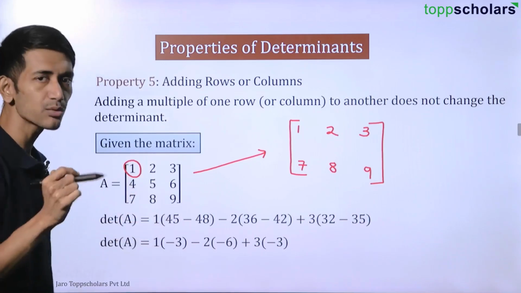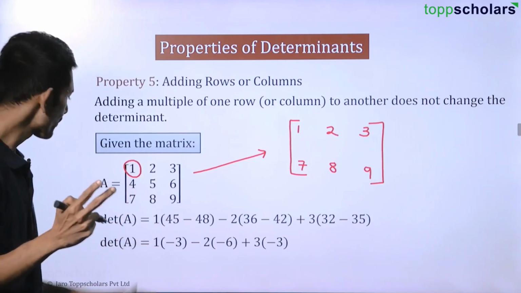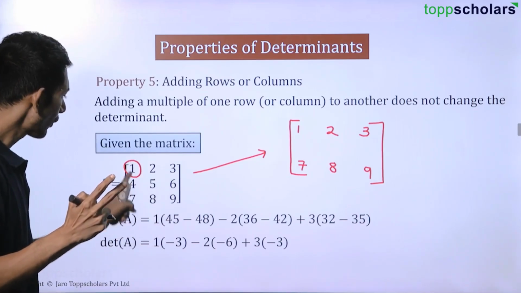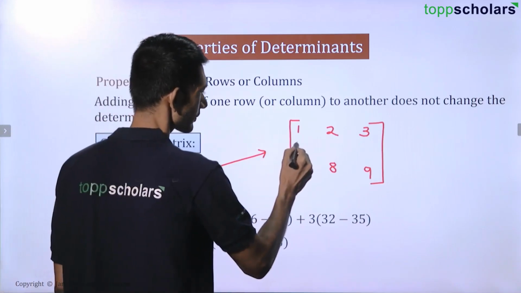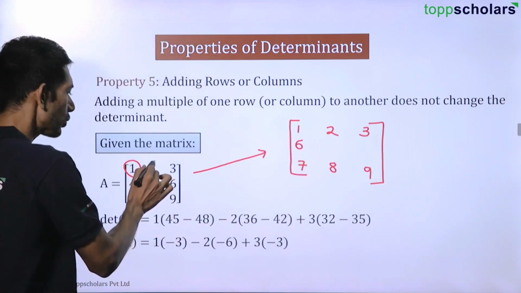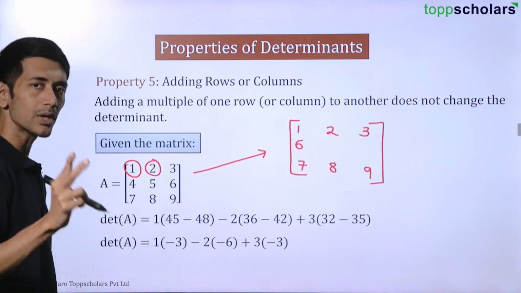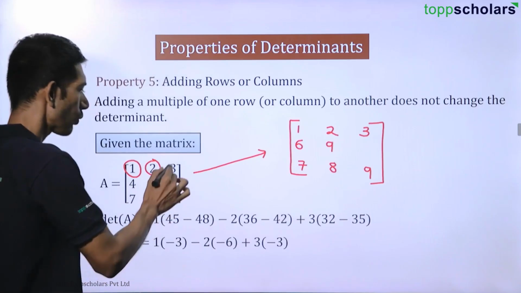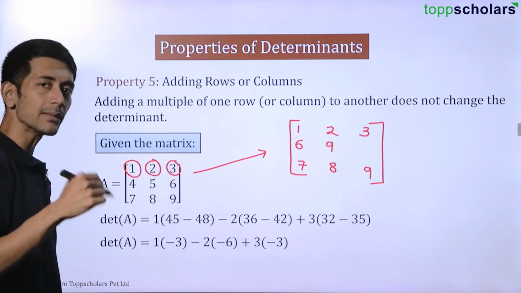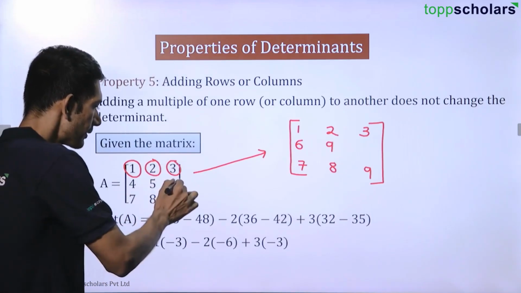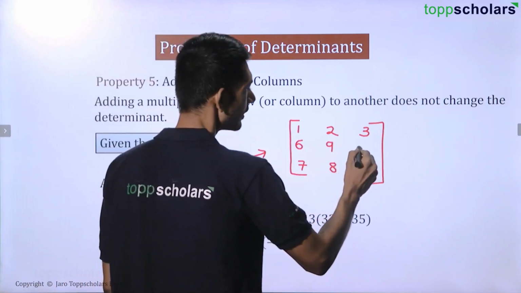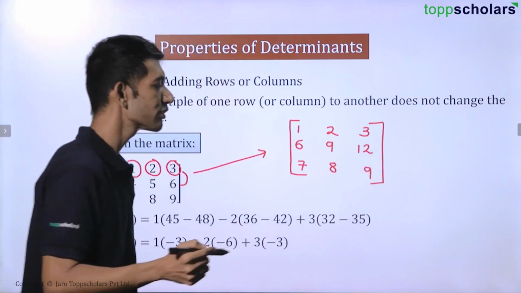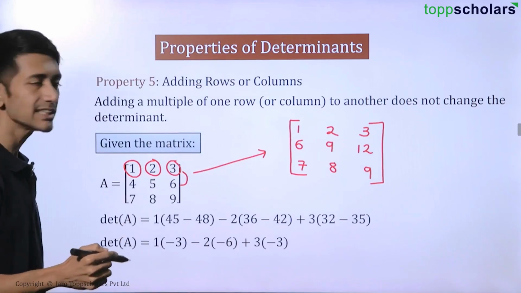So what is 2 times 1? 2 times 1 is 2. 4 plus 2 is 6. What is 2 times 2? 2 times 2 is 4. 5 plus 4 is 9. What is 2 times 3? 2 times 3 is 6. 6 plus 6 is 12. I hope this part is clear. This is how we are changing it.